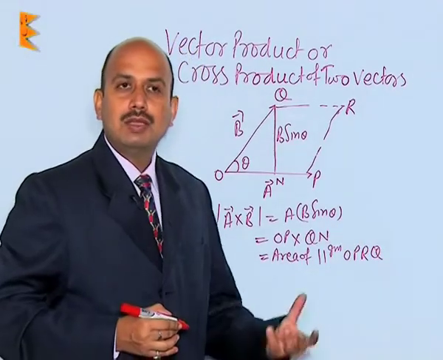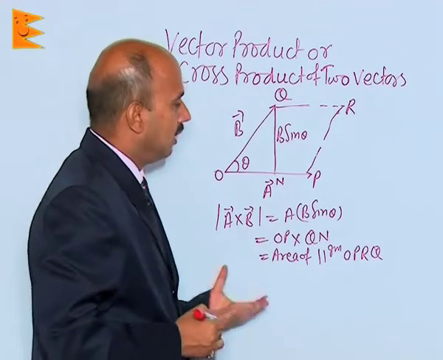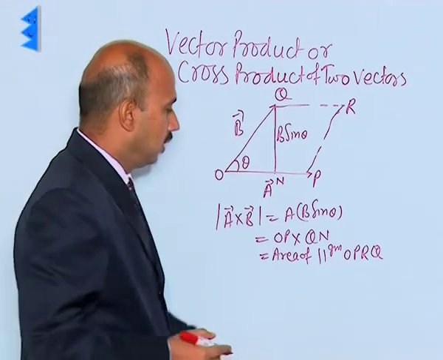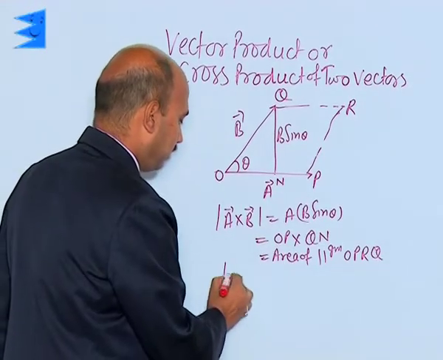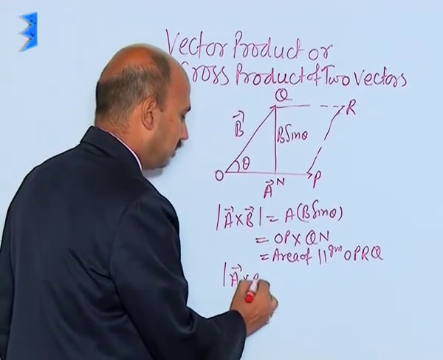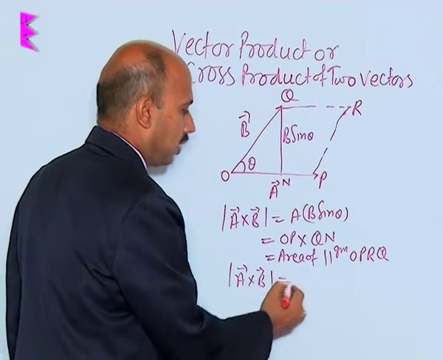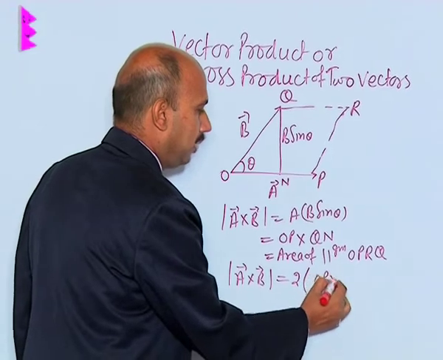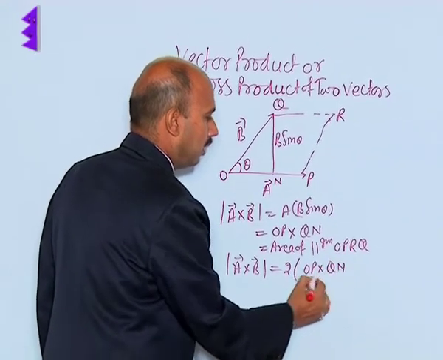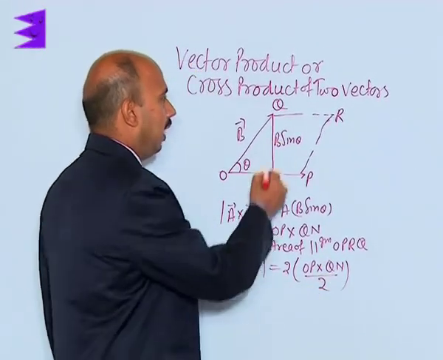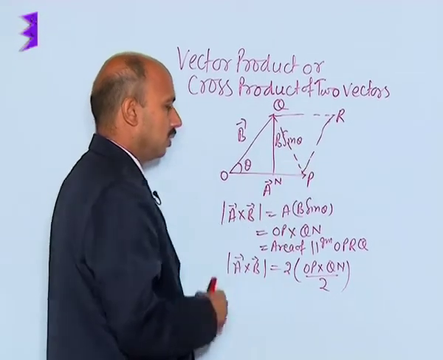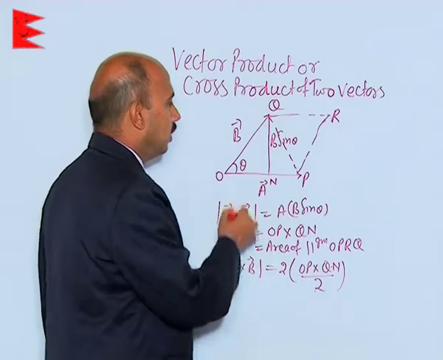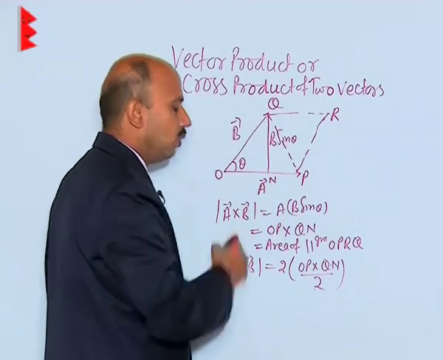It means the magnitude of the cross product of two vectors is equal to the area of parallelogram OPRQ. Similarly, A cross B is equal to twice of OP into QN divided by 2, and OP into QN upon 2 is the area of triangle OPQ.